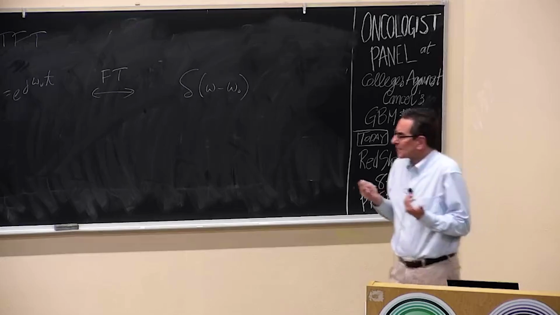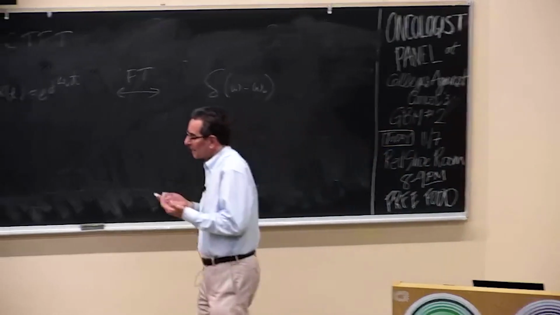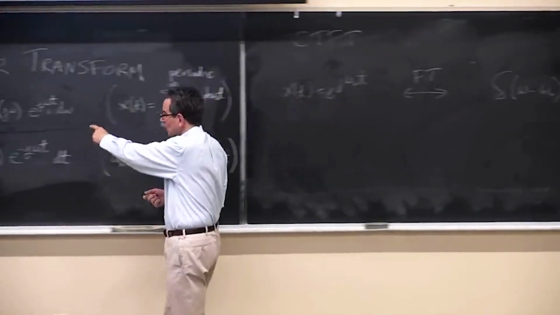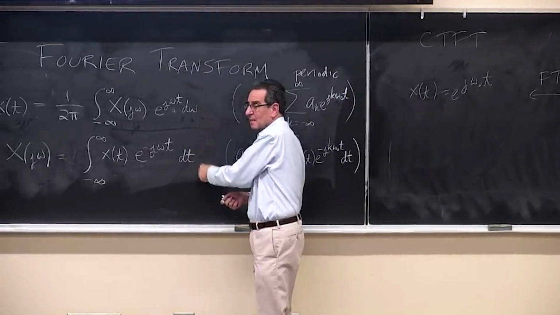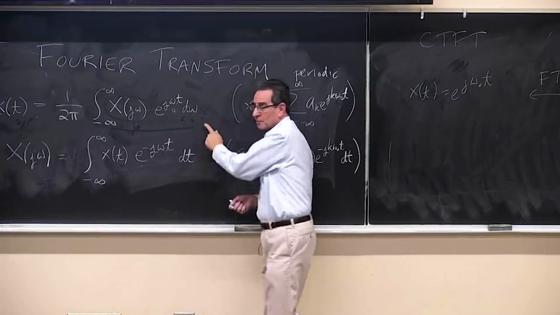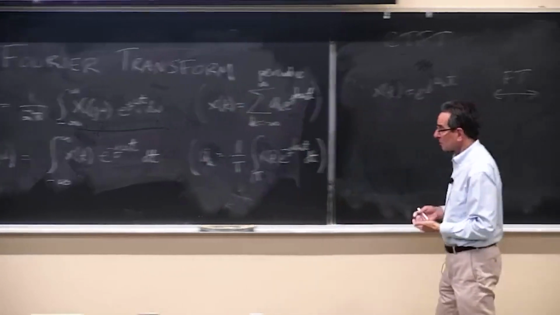But we know if it's going to be a Fourier transform, it's got to satisfy these equations. We're after a consistent theory that will be consistent for both aperiodic and periodic signals.